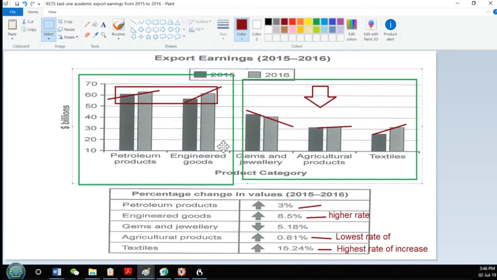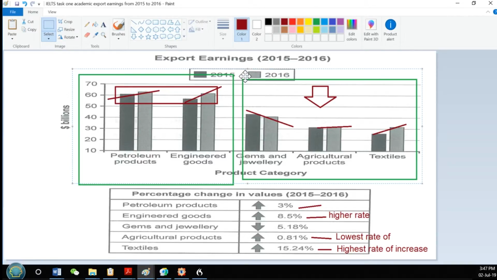And for me, the change in the numbers is what's most interesting here. Basically, what we've got is 4 categories have increased, and then only 1 has decreased. Okay, so that's what I've based my overall summary on for these 5 categories for both years. 4 of them have increases, and only 1 of them has a decrease.